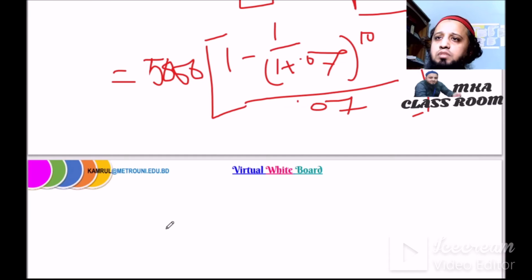So, if we use our calculator, the result should be clear for us. At first, 1 divided by 1.07 power 10.